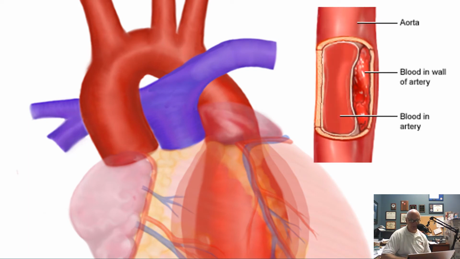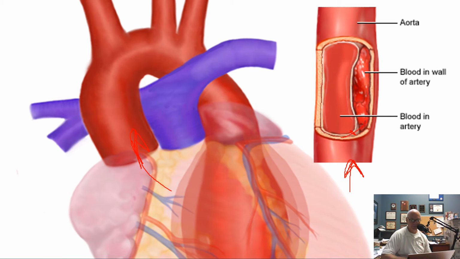And when we're dealing with what we would call a dissection of this thing, if we have blood, let's say the blood is going this way, when we have blood being forced through this area, it's possible for us to have a small rip in what's called the tunica media. Nope, tunica intima.